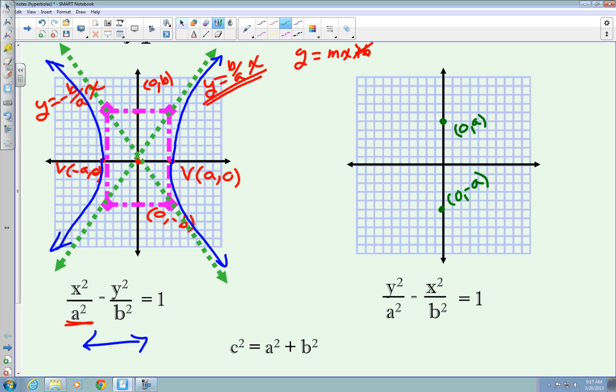Now this extra b over to the x squared, that's going to help me draw my box. So I'm going to have the point negative b, 0 and the point b, 0.